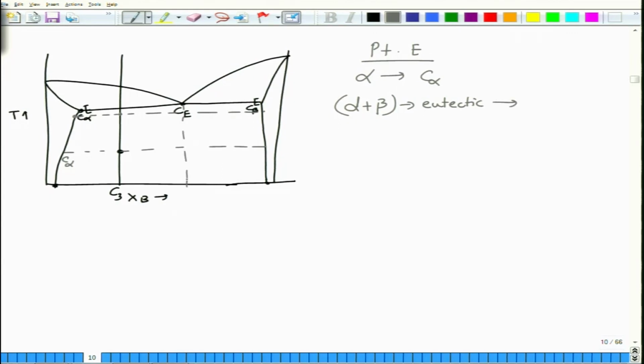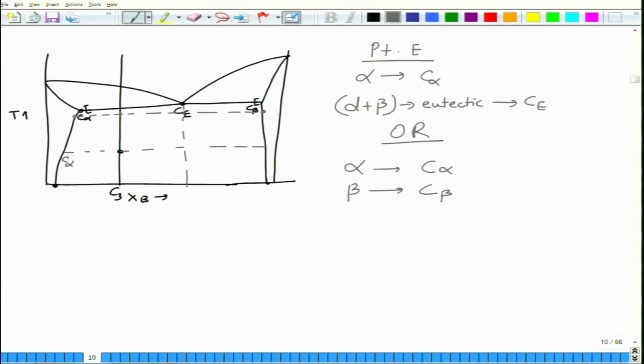So you can have two ways of describing it. You can say alpha of composition C alpha and eutectic of composition CE, or if you just want to describe in alpha and beta, then you can say alpha of composition C alpha and beta of composition C beta, which is this one. It is necessary to understand this difference, because otherwise it will create confusion.